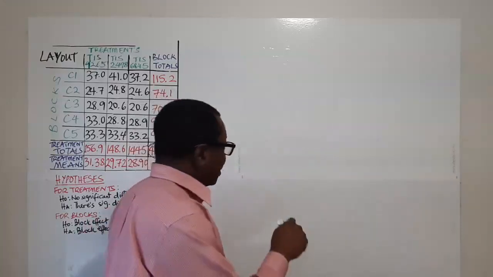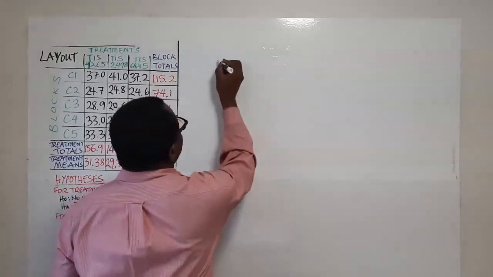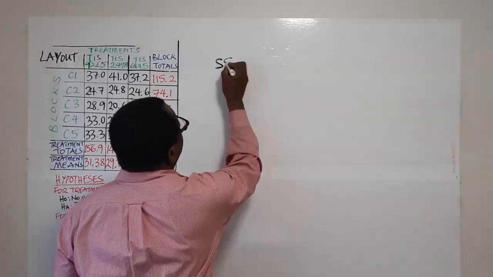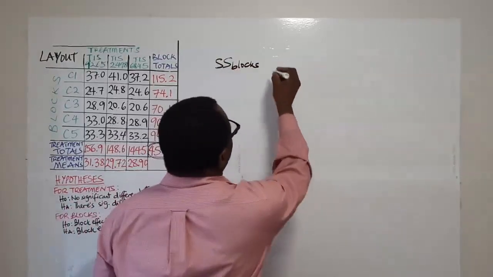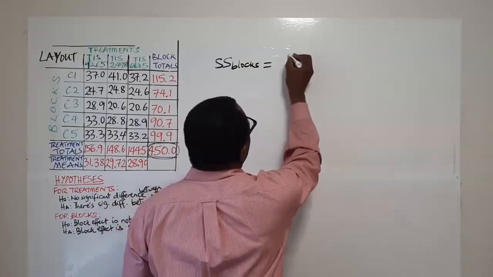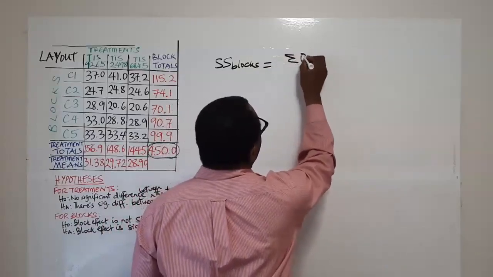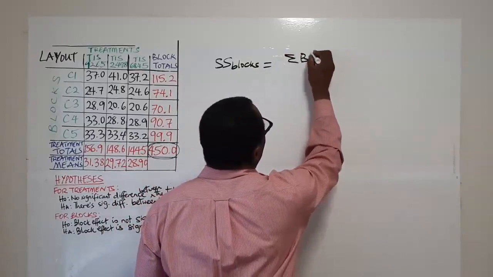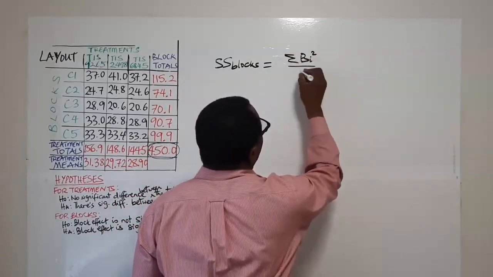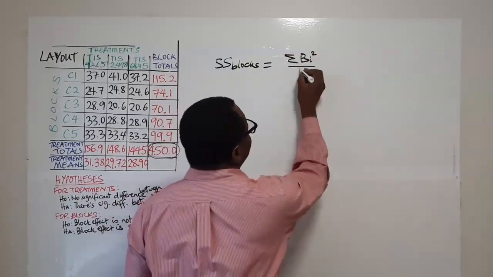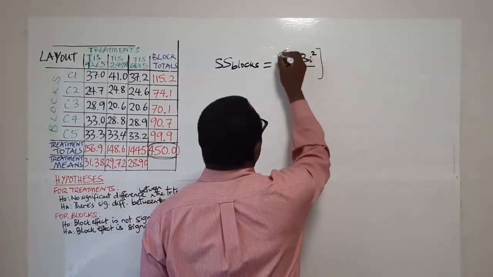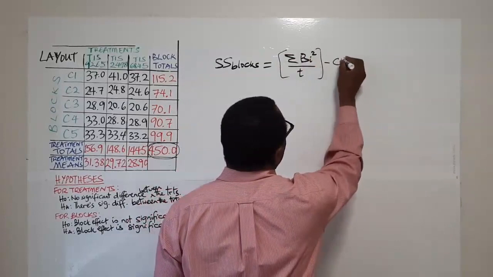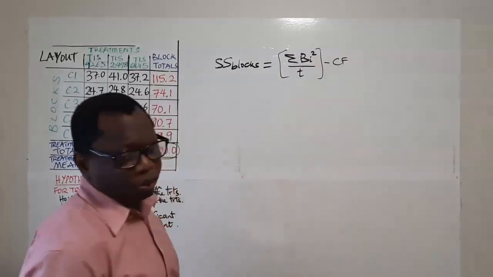It is expressed simply as SS blocks, which is computed as summation of the B-high squared all over T, which is the number of treatments. And the whole of that, subtract your CF from it.